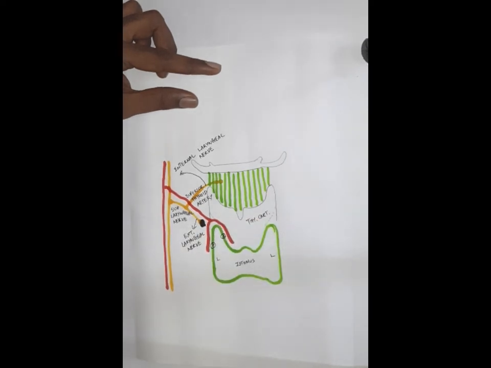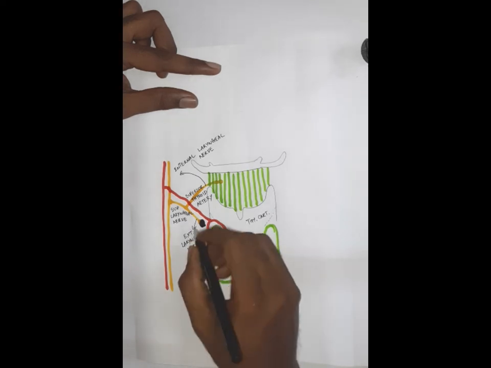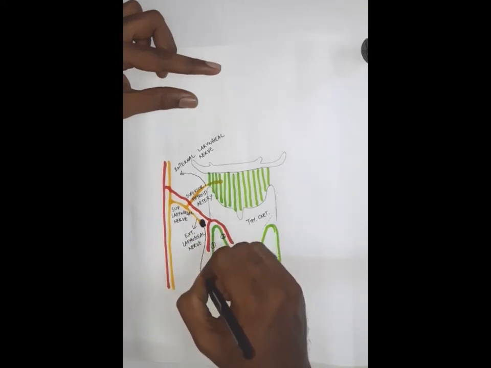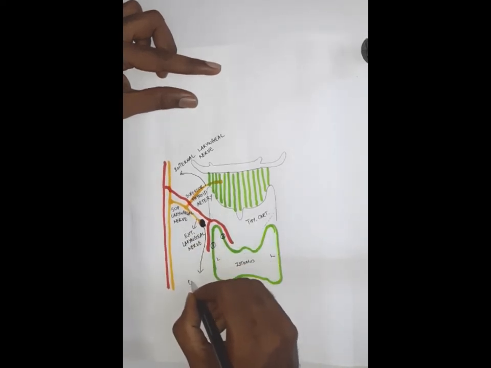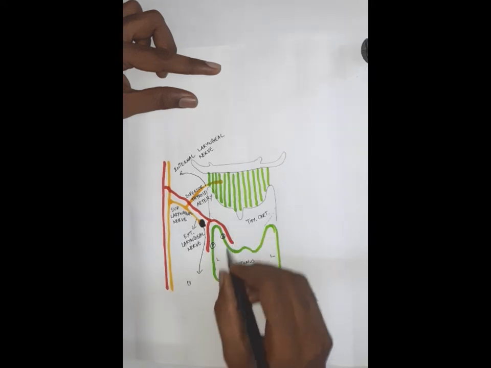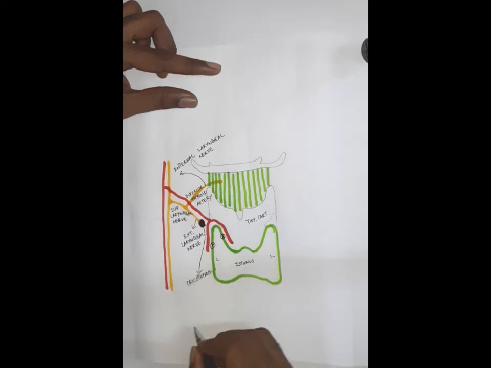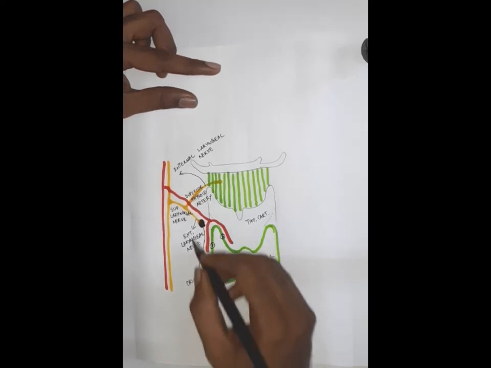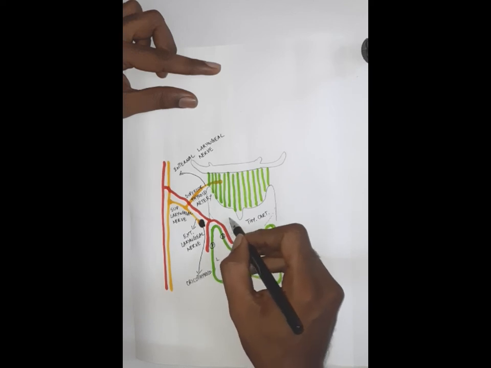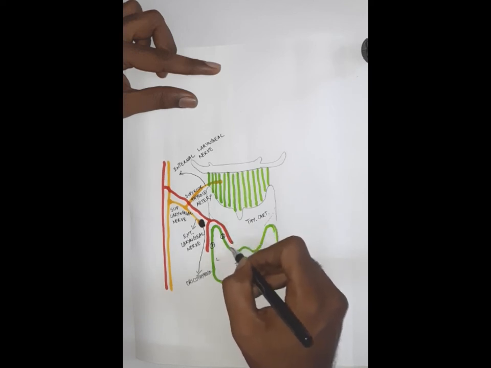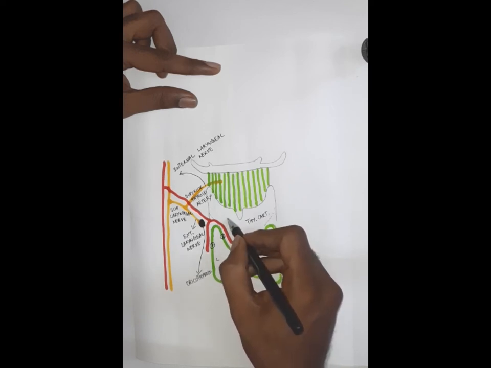The name of the muscle that is related to the cricoid and the thyroid cartilage is the cricothyroid muscle. I'm drawing the muscle outside for your understanding. The muscle is located between the cricoid below here and the thyroid cartilage here.